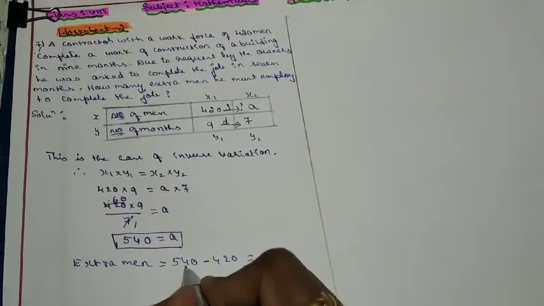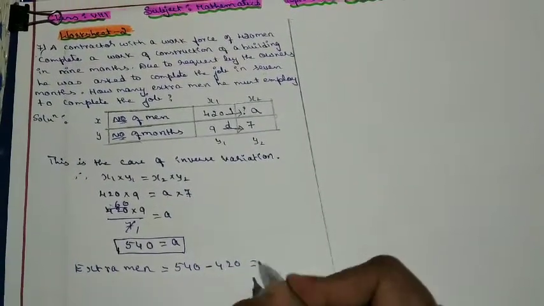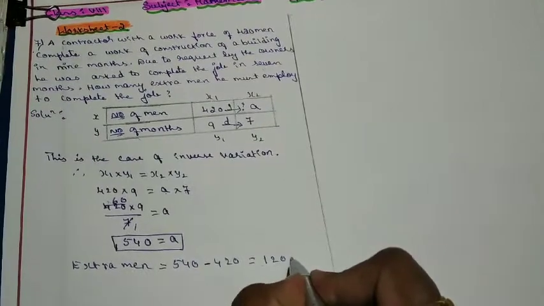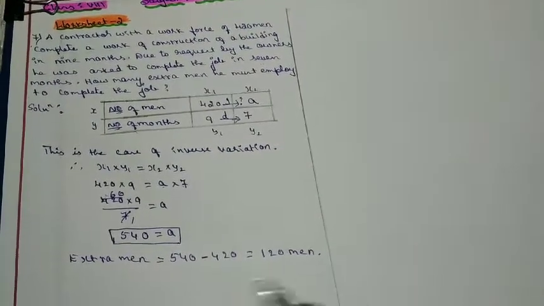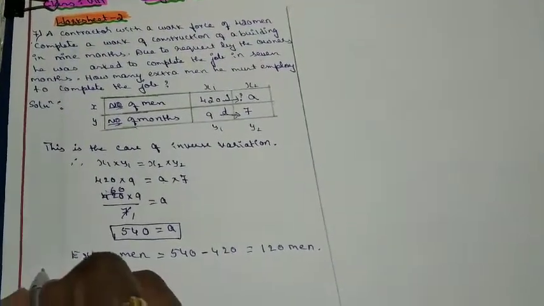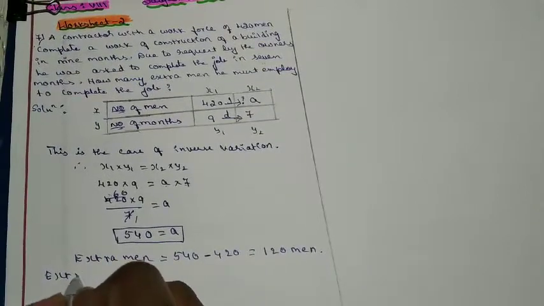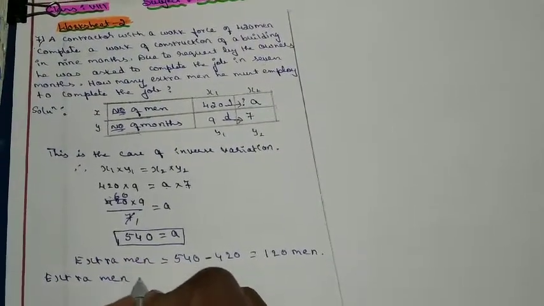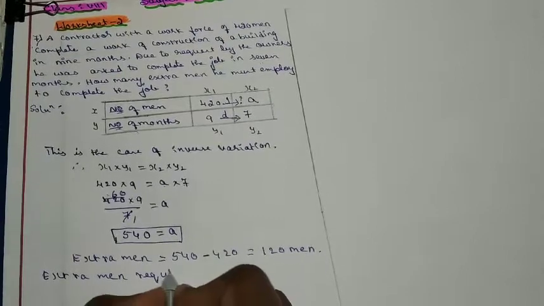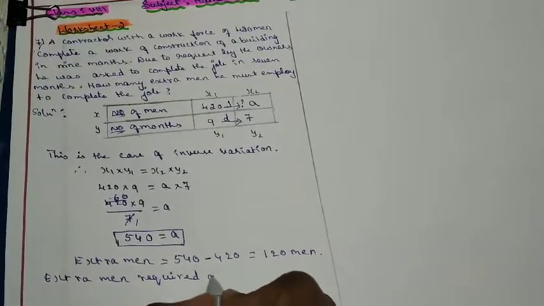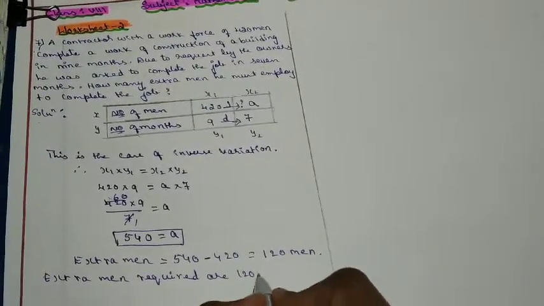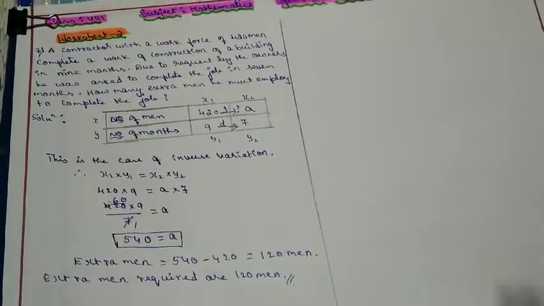Yes, 540 minus 420 is 120. Yes, 120 men. Extra men required is 120 men. Hope this is clear, children.